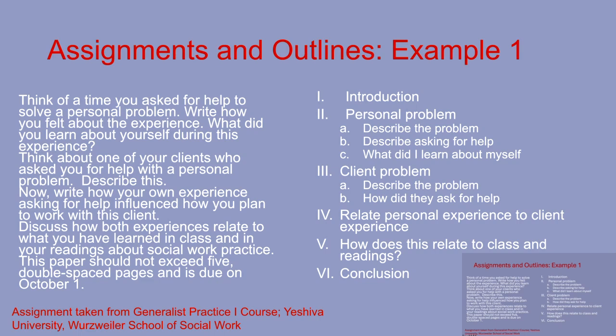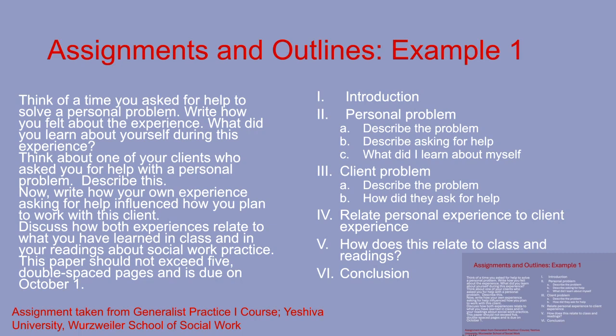So the first part deals with the personal problems part, and that matches what we see in the assignment itself. You're asked to describe a problem that you've had, what the process has been like and the experience of asking for help, and what you learned about yourself. And you can see this reflected on the left-hand side.